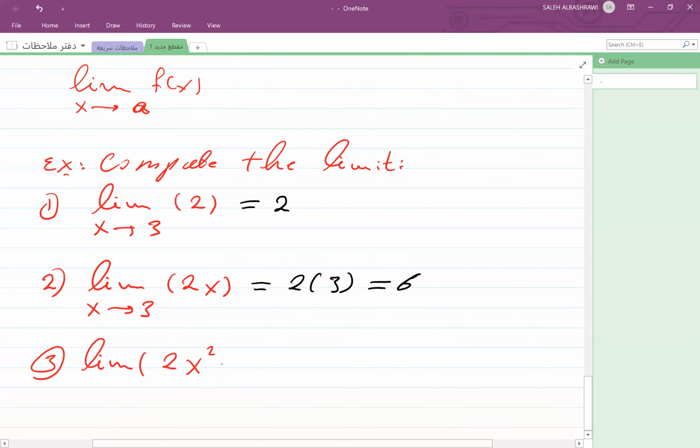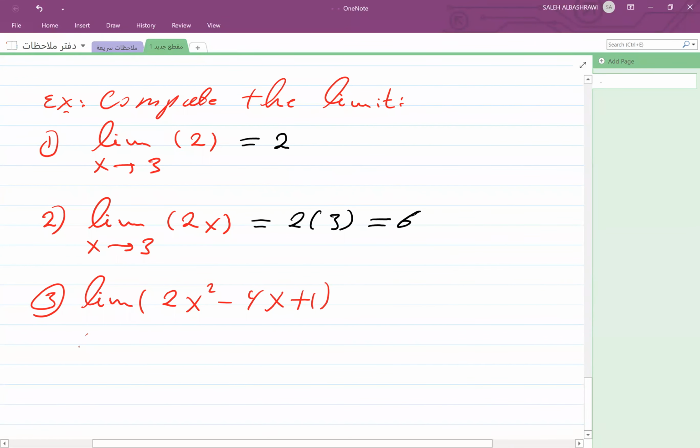Number 3: the limit of 2x squared minus 4x plus 1 when x goes to, let's say, minus 1. x is approaching the number minus 1, and I need to find the limit of this polynomial. For a polynomial, all we need is direct substitution.